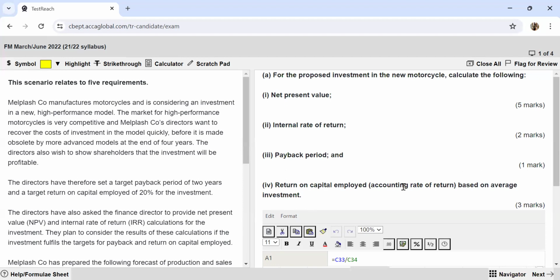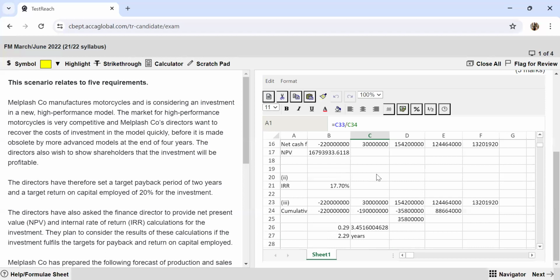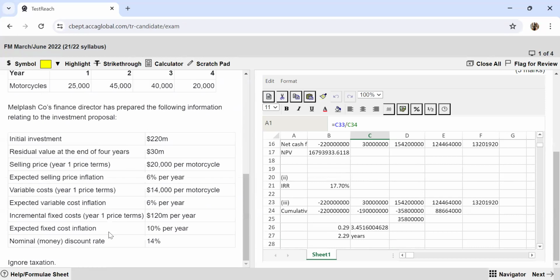In our scenario we have just one IRR, which is 17.7%, higher than our cost of capital of 14%. So from the perspective of IRR, the project is acceptable.